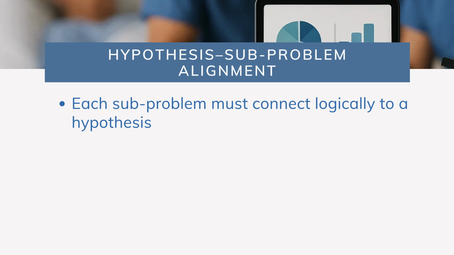Then your hypothesis must directly test that relationship. Your hypothesis will then be, there is no significant relationship, or there is a significant relationship. This is what we mean by logical connection.